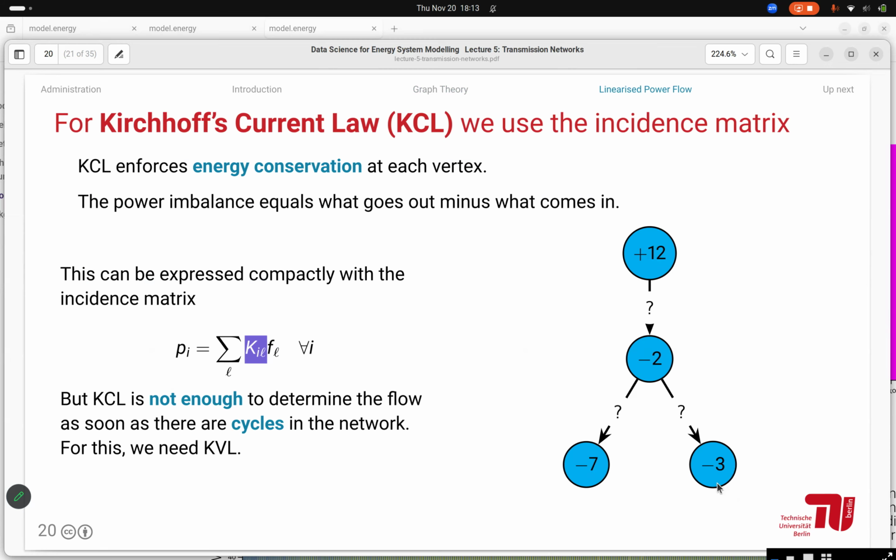And that is already a unique solution. The fact that we could find a unique solution here for the given injection patterns has to do with the fact that we don't have any cycles in this network. If we don't have any cycles, Kirchhoff's current law is actually sufficient. We don't need to take care of any cycles, because Kirchhoff's voltage law says the voltage angles around each cycle in the network have to sum up to 0. So if we don't have any cycles, then we don't need to worry about it.